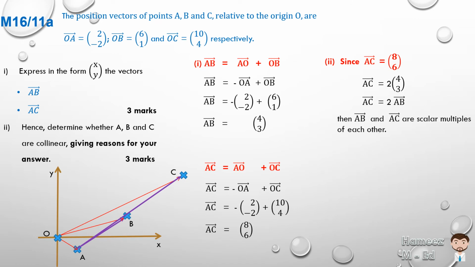What does that tell us? It tells us that AB and AC are scalar multiples of each other because one is twice as long as the other. And they also share a common point, and the common point is A. So they're parallel, and they're multiples of each other, and they share a common point. So A, B, and C lie on the same line, meaning that they are collinear.